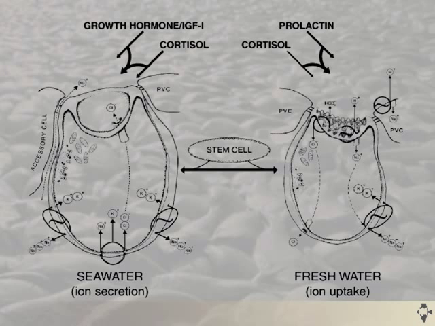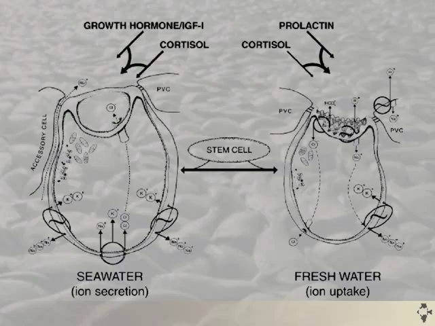So as a fish is transitioning from a freshwater osmoregulatory condition into a saltwater osmoregulatory condition, cortisol will increase the activity of both types of cells. Growth hormone is being expressed during this smoltification process, so that's going to upregulate and increase the number of seawater adapted cells, so that by the time the fish reaches the estuaries and the sea, they're prepared, they have plenty of those seawater adapted chloride cells.